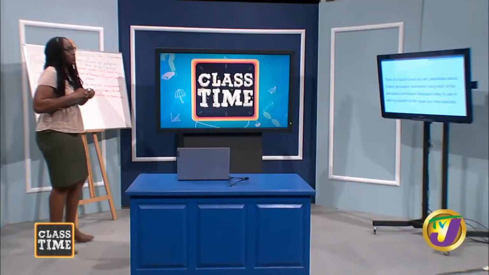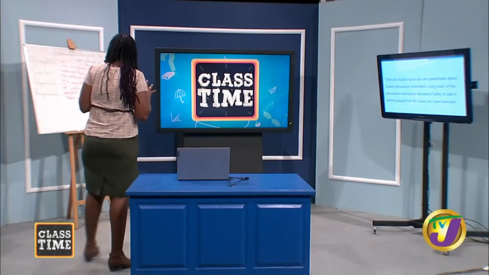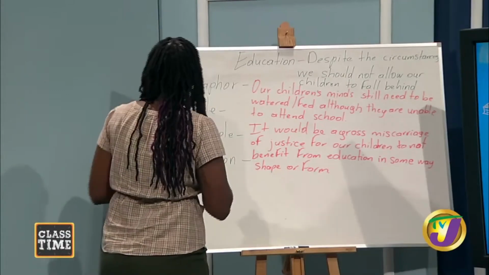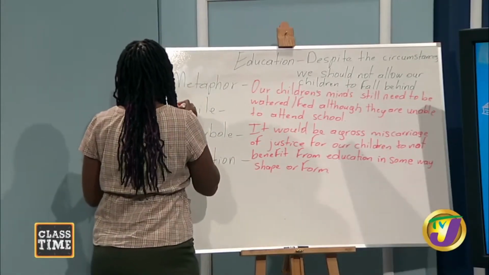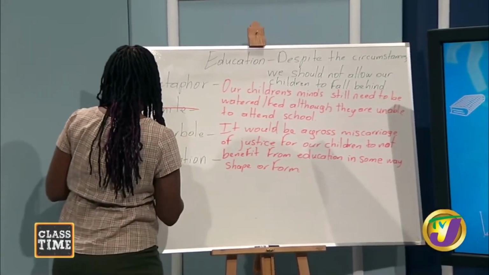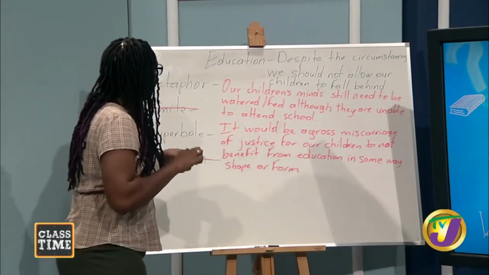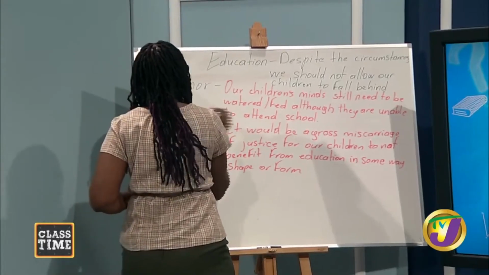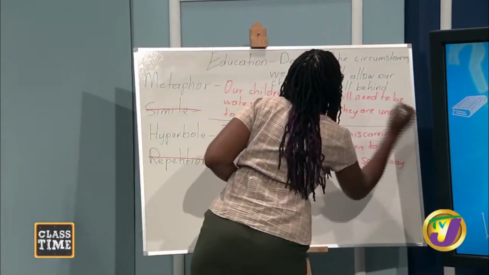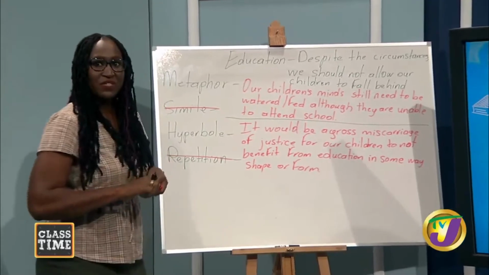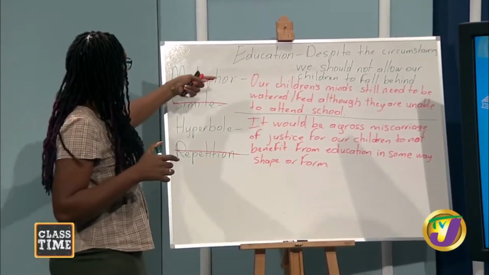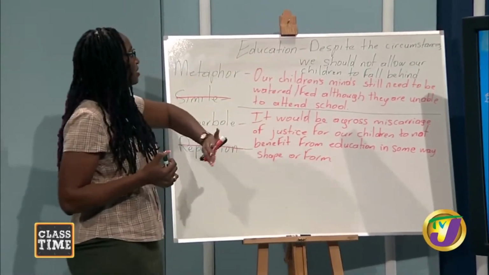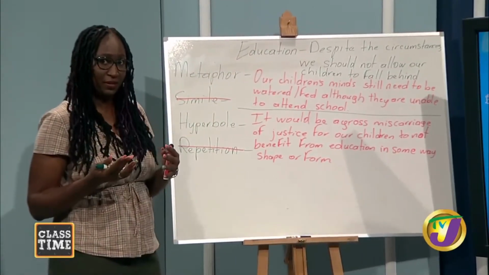All right, so here we have it. So we have used a metaphor and a hyperbole. And we have shown two different things. So we have said the same thing three different ways. So the original idea, despite the circumstances, we should not allow our children to fall behind.